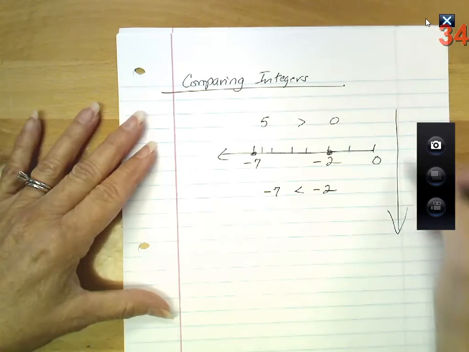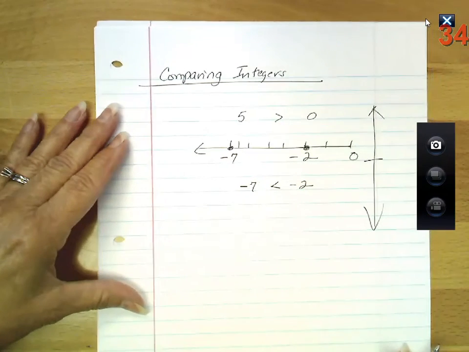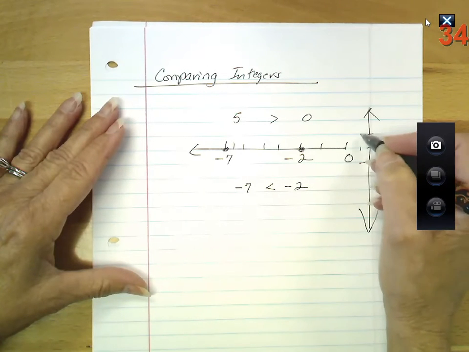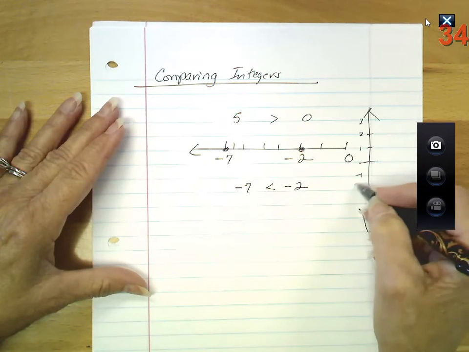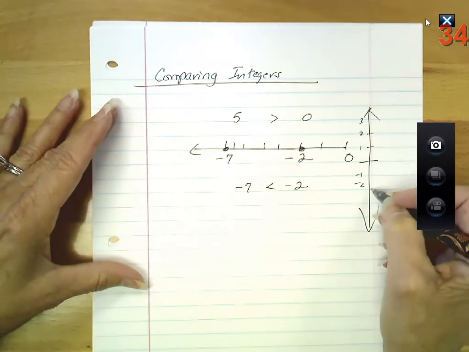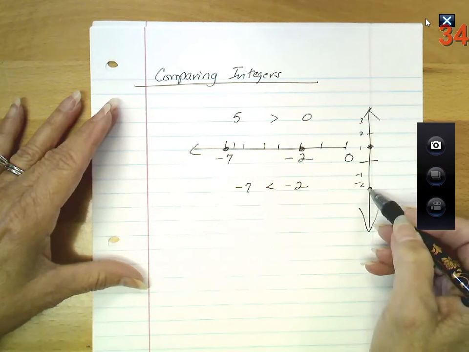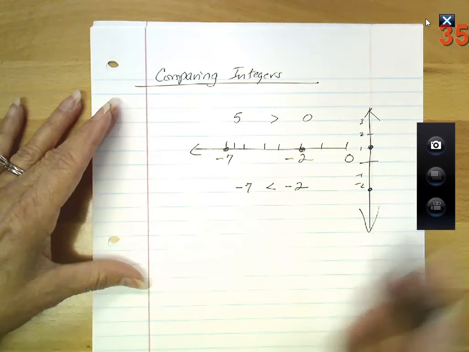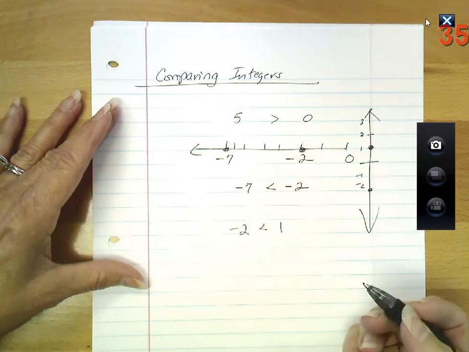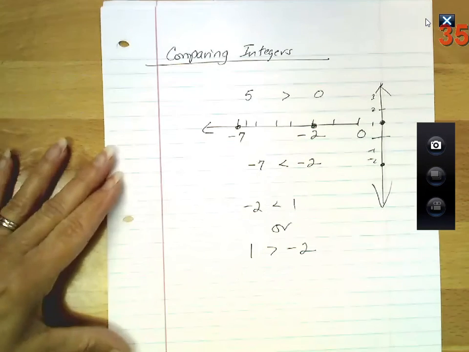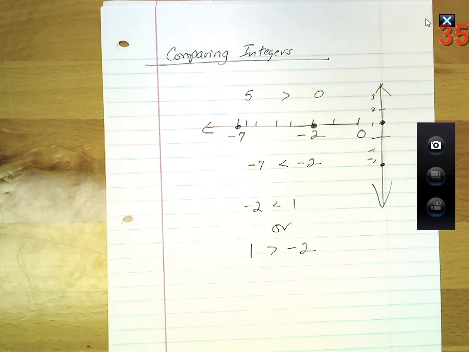Also, if you think about it as being on a number line, I mean like a thermometer, you know that the positives are up here and the negatives are down here. So if you have to compare like a -2 and a 1, -2 is less than 1. Or you can say 1 is greater than -2. Alright, so you might have to compare different numbers and put greater than or less than.